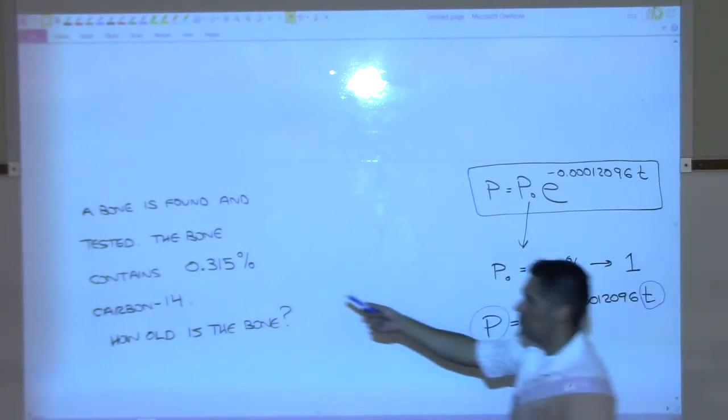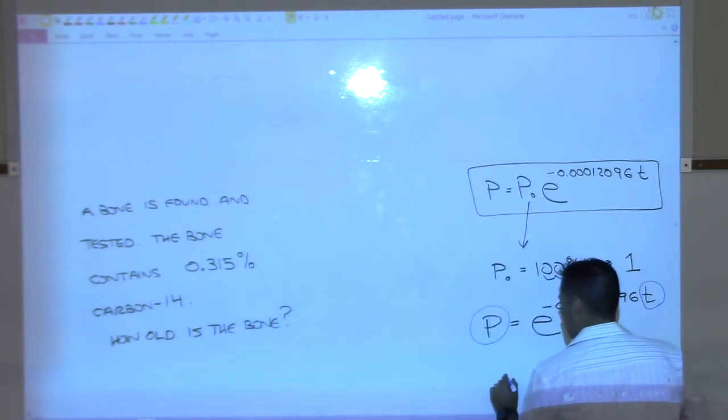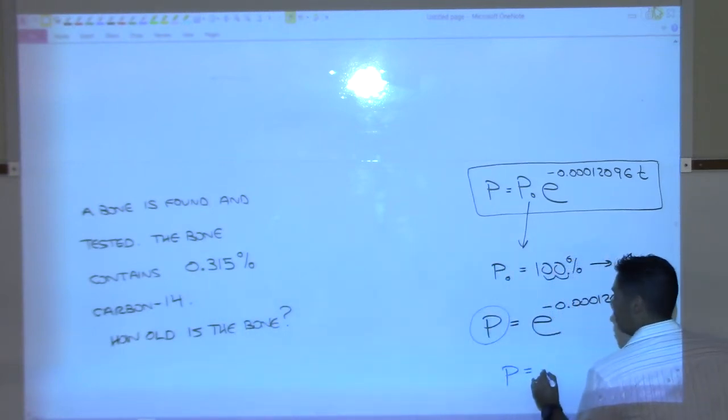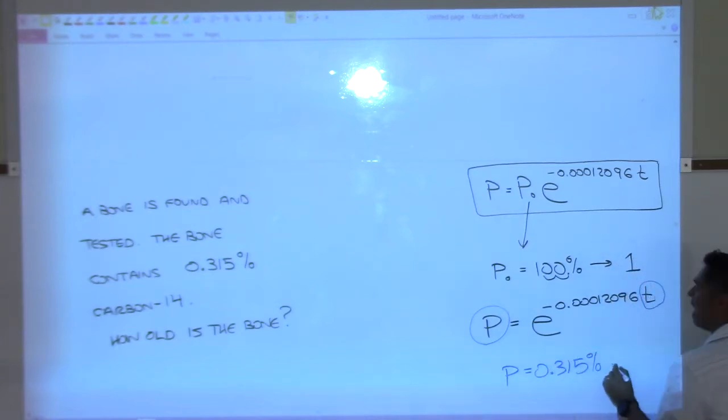For us, P is going to be 0.315%. But what is that as a decimal? Be careful on that. It's 0.00315.